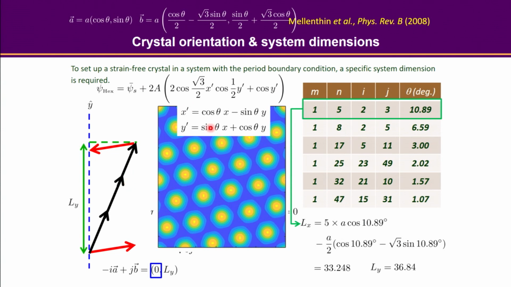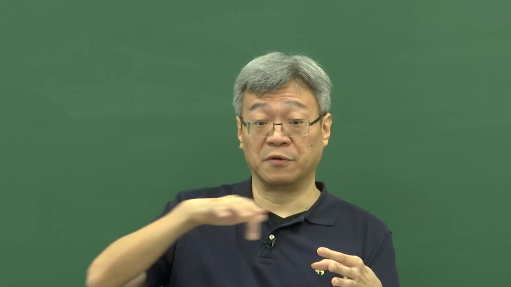There's a relation between the rotated reference frame and the unrotated one, because they are associated with this rotation matrix. The prime coordinates are simply the rotation matrix times the original x and y. So this x and y is the coordinate for your rectangular system.